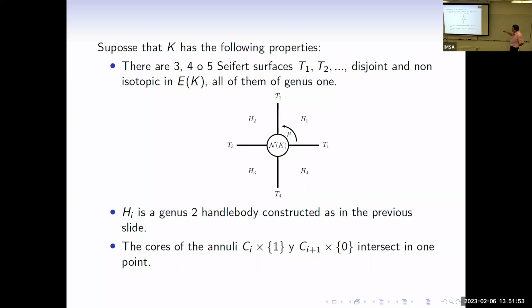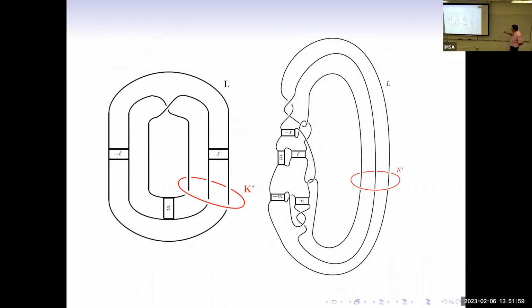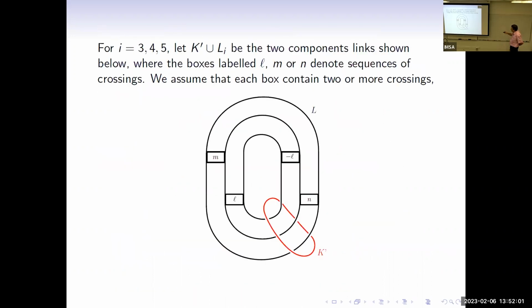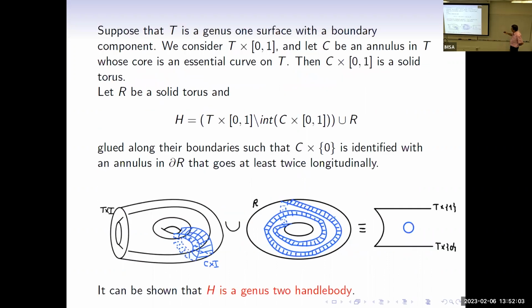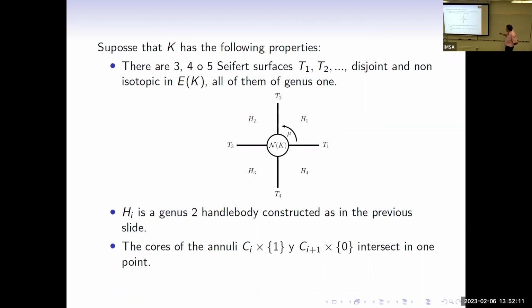For H1 we will have here an annulus that corresponds to this. So we assume that if we take one corresponding annulus here and the corresponding annulus in the following pair, they intersect in one point.